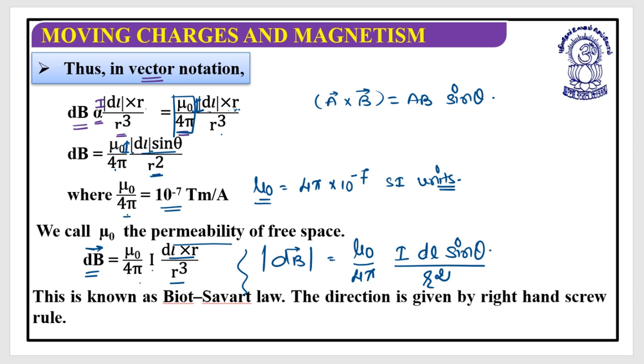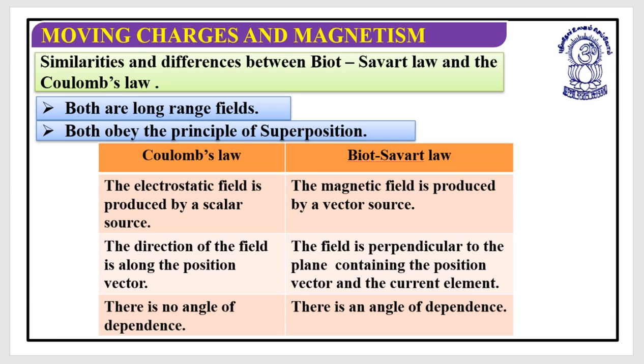This is the magnitude of the magnetic field with the help of the Biot-Savart law, and the direction is given by the right hand screw rule. What it is and how we can determine it, we will check in a later session of this class.